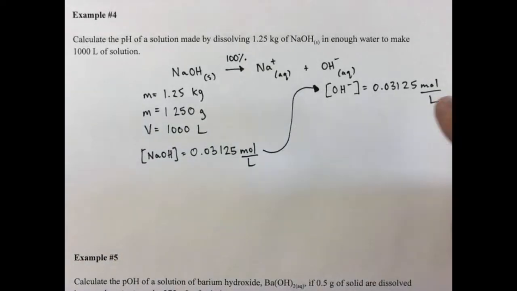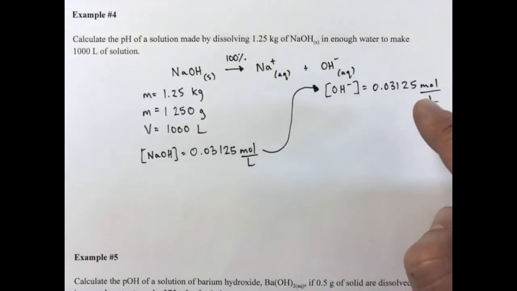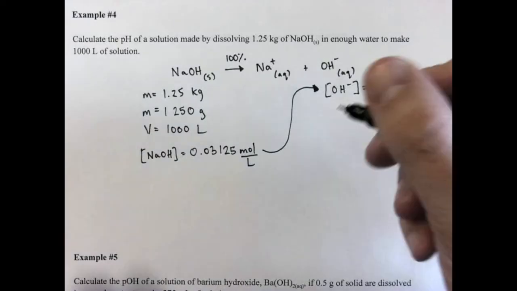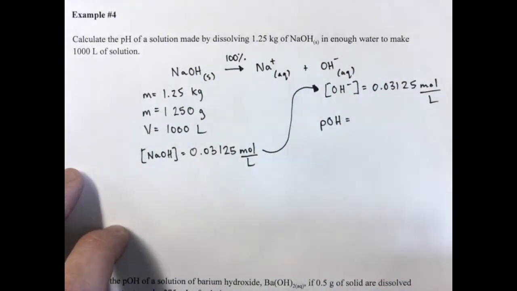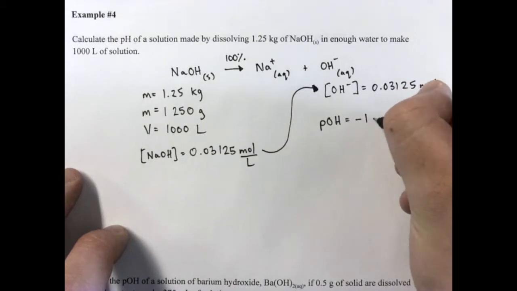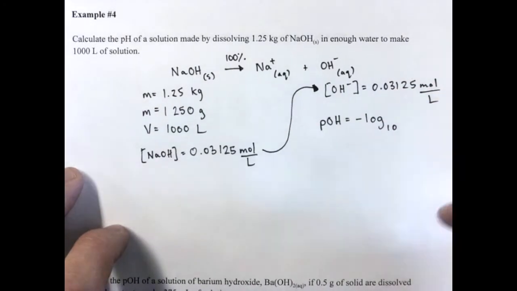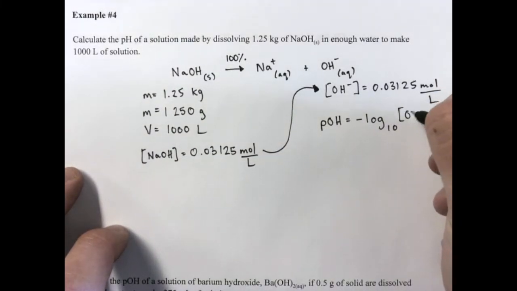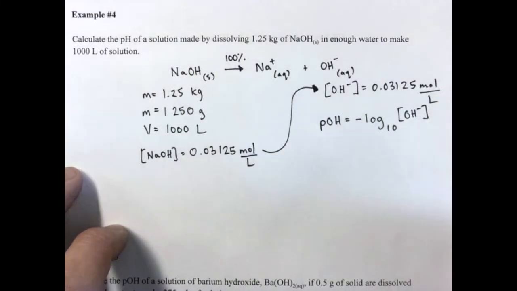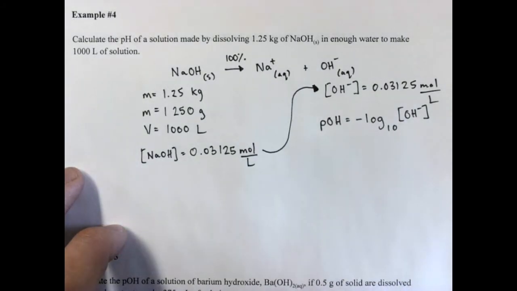I cannot directly calculate pH from the hydroxide ion concentration. Instead, what I can directly calculate is pOH. And pOH, like pH, is a negative logarithm base 10, but this time it's the negative logarithm base 10 of the hydroxide concentration.